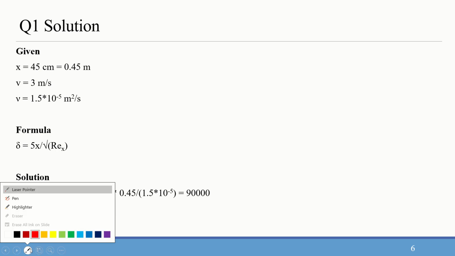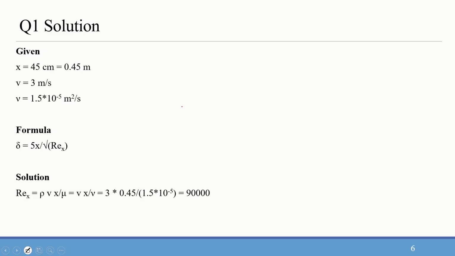If you remember units itself, we can write it clearly. Mu is kg by meter second and density is kg by meter cube.